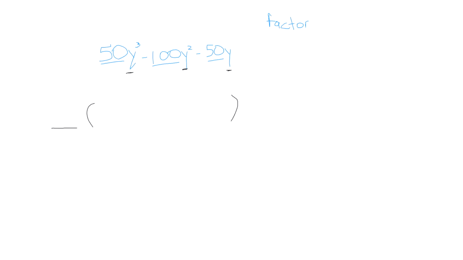I like to start with the letters. It's easier for me, but if it's not for you, that's fine too. You'll get the same answer. This has one y. This has two y's because it's y squared. And this term has three y's. So how many y's do they all have in common?